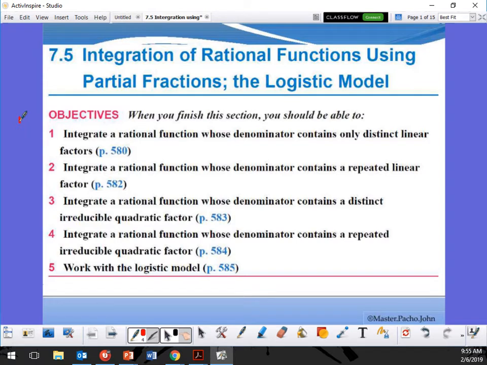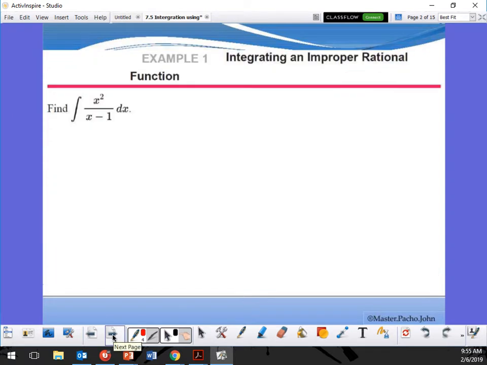Okay, so either way. All right, so integration: integrating an improper rational. What is an improper fraction?